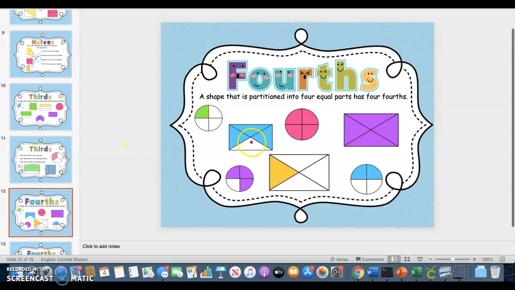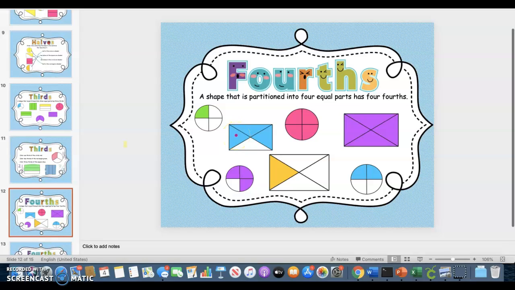All right, let's practice with fourths. A shape that is partitioned into 4 equal parts has fourths. So this circle is partitioned into fourths. It has 4 equal parts, but only 1/4 of the shape is shaded. This rectangle was broken into fourths.